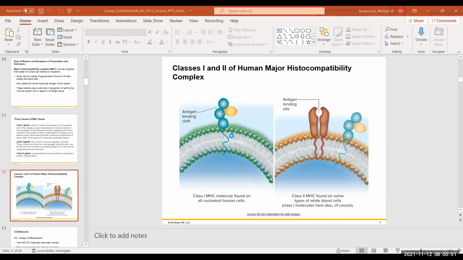The three most important for our purposes when it comes to T cells are CD3, 4, and 8. All T cells have CD3. CD3 forms a complex with the T cell receptor. Without CD3, you do not have a fully assembled T cell receptor. T helper cells express CD4.